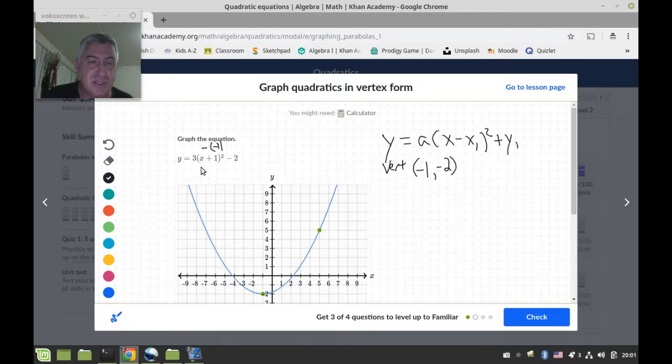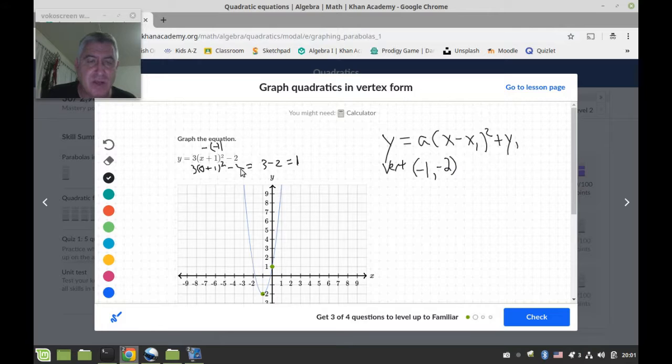So I'm just going to set x equal to 0. And that is equal to 3 minus 2 is equal to 1. So my y-intercept is 1 here. And we have a 3 value here, so it's really steep, really shaped this way.